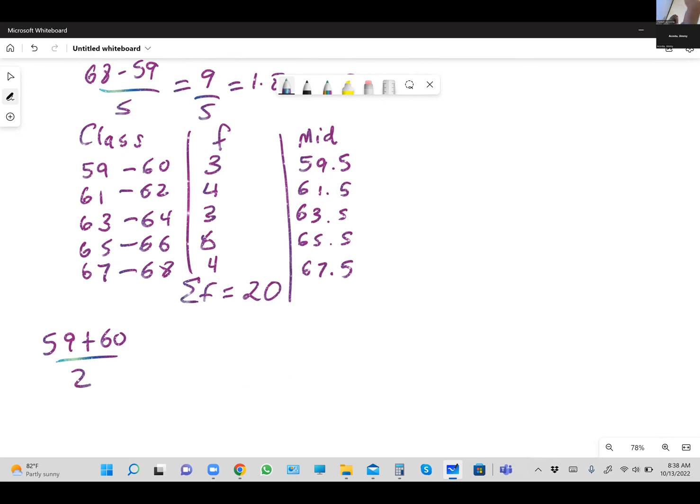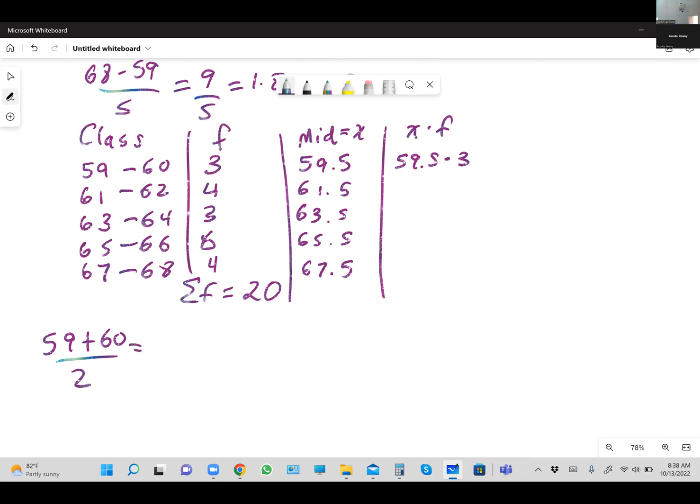I can say that 63.5 happened 3 times. And 65.5 happened 6 times. And 67.5 happened 4 times. So that's what I'm going to do now. I'm going to take each of these x's here and multiply it times the frequency. 59.5 times 3. I'm going to use a dot, guys.